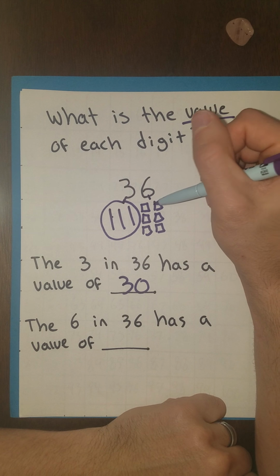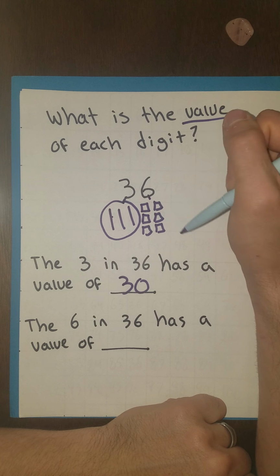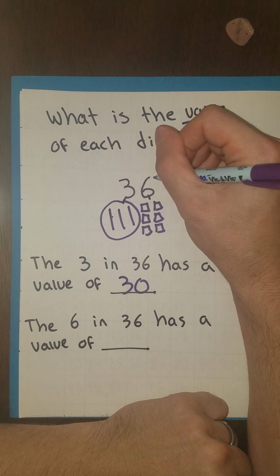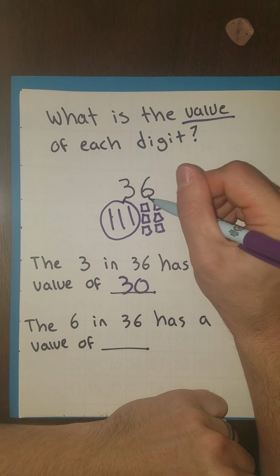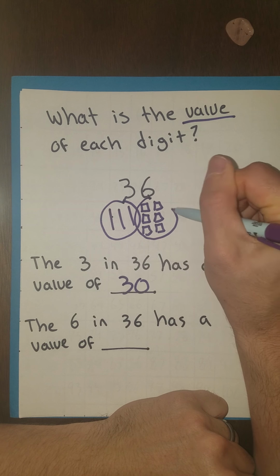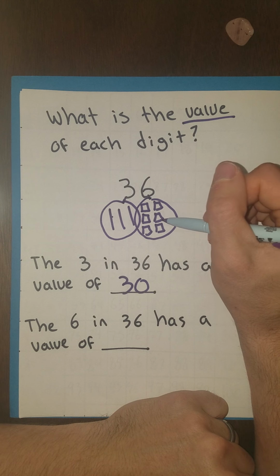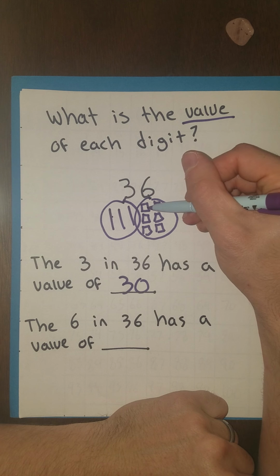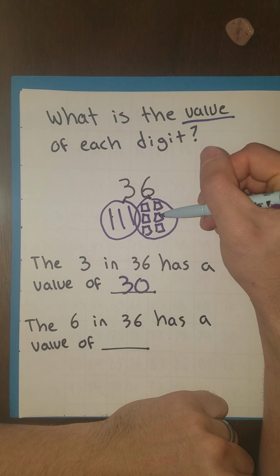Now, what told me that I had to draw these 6 ones cubes? Right, it was the number 6 in the ones place of 36. So the 6 in the ones place has a value of 1, 2, 3, 4, 5, 6.